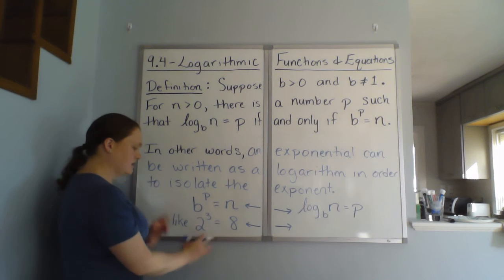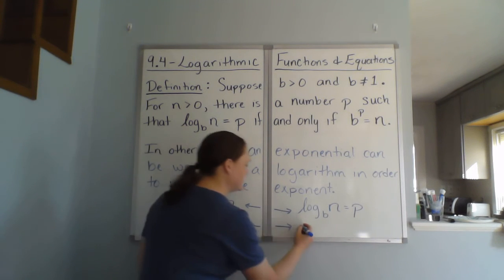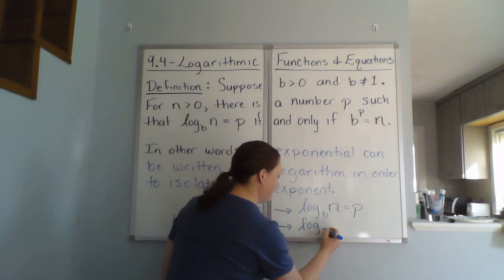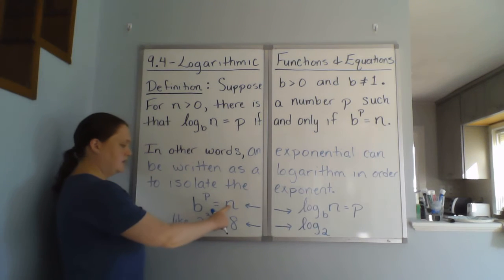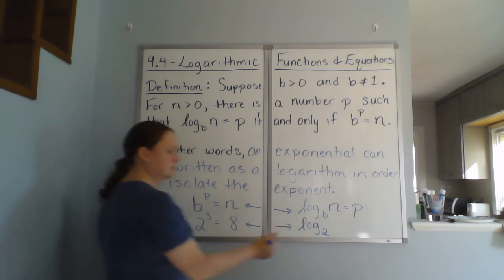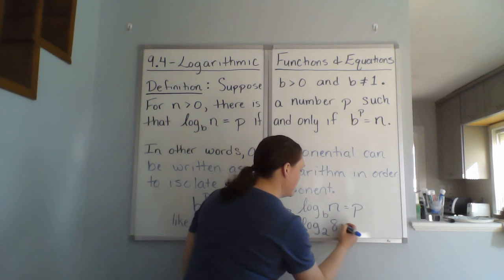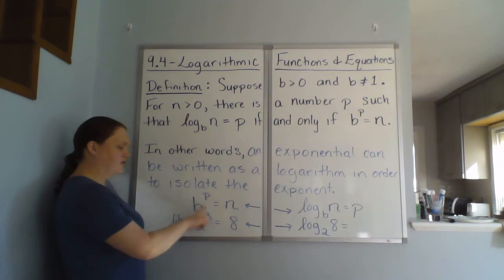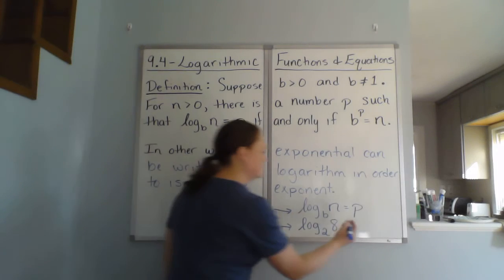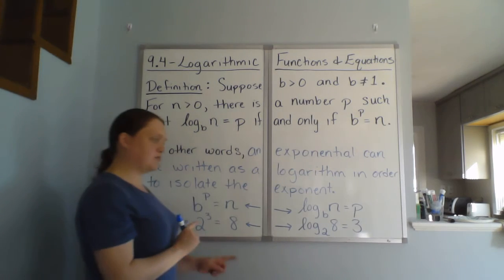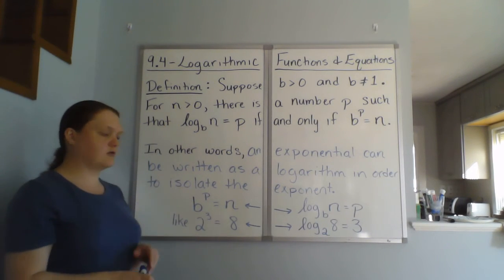So when I look here, the b is a 2, so this is log base 2. The number that it's equal to is 8, so log base 2 of 8 is equal to the power from the exponential, the 3. Okay? So that's how we convert between exponential form and logarithmic form.